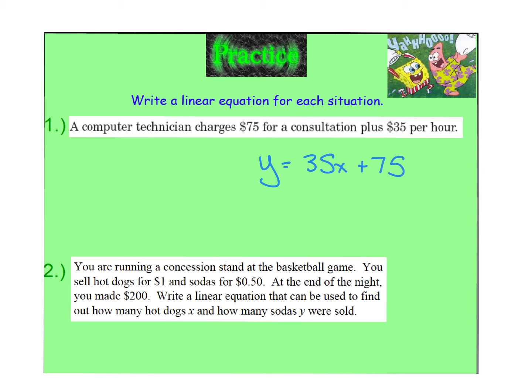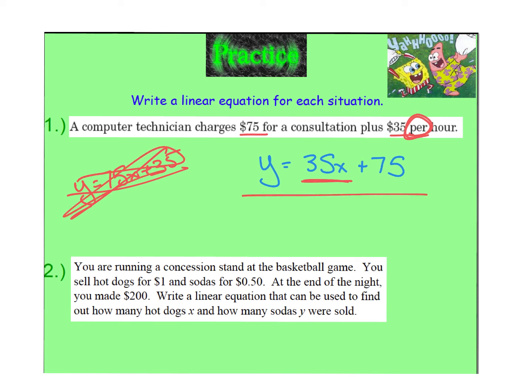And I'll tell you, one thing that many students get wrong here is they write Y equals 75X plus 35 because that's the order that the numbers are in. But what I really want you to do, it's not right, what I really want you to do is look for this per hour, per game, per whatever, and that's going to say that that's your slope. So this is wrong, this one is correct.